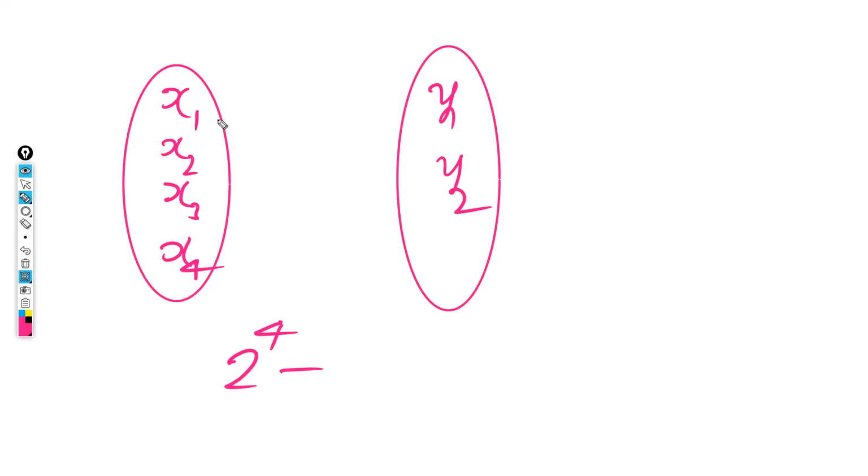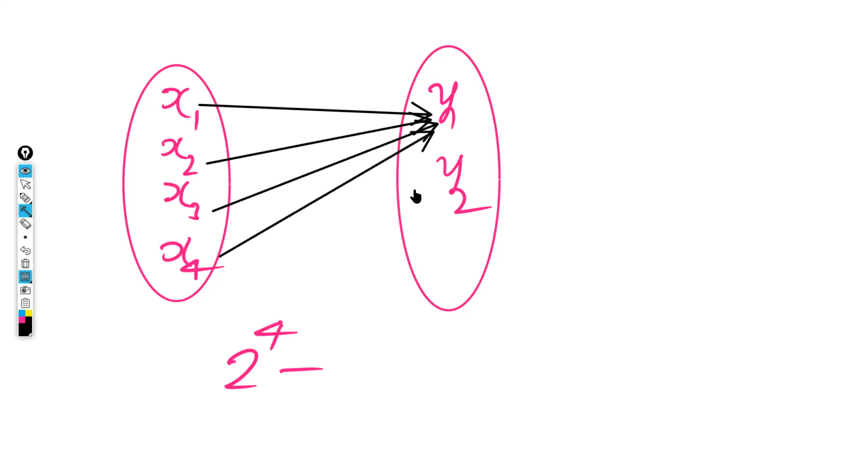But I'll have such cases where it is not onto function. According to the onto function definition, everyone knows no element of the codomain or range should be left without a pre-image. This is not an onto function. So subtract it. This is one case. Similarly, for y2 also one more case will be there. So this is the formula.